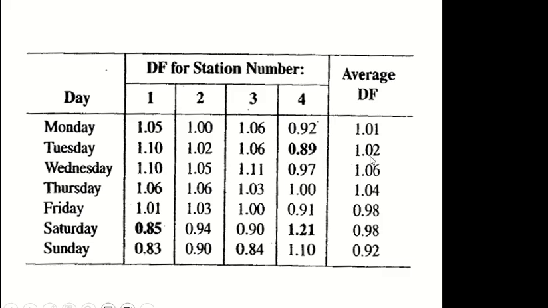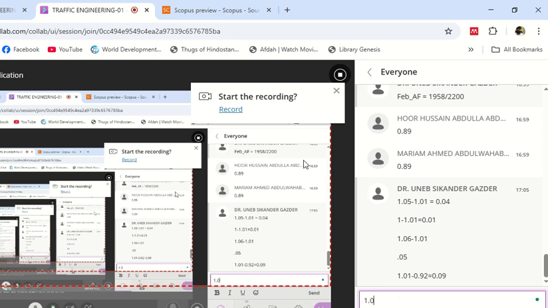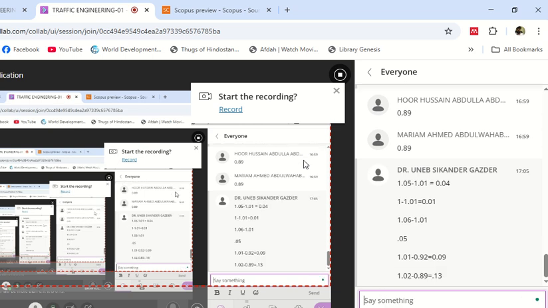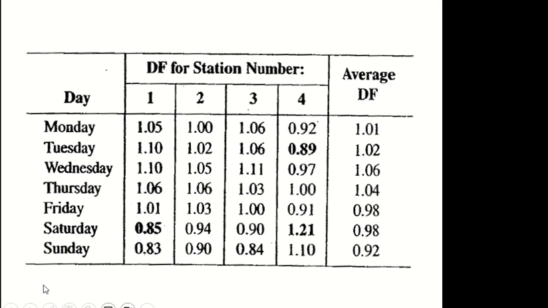The answer will be more than 0.1, it is 0.13. So this one violates the rule. They've already made it bold, but I'm going to make my own mark here. So this value violates the rule.